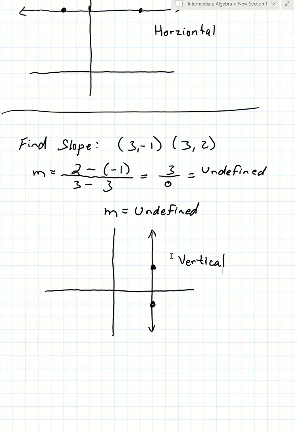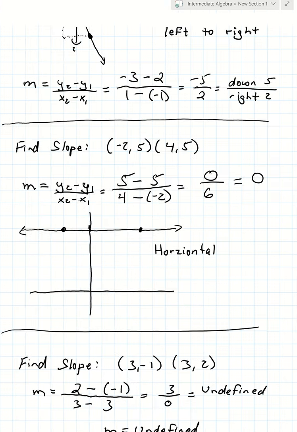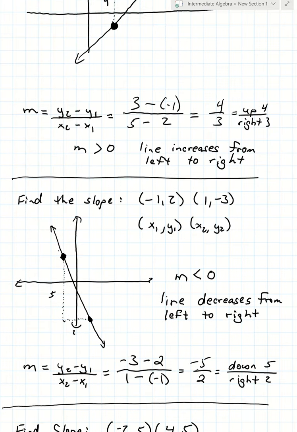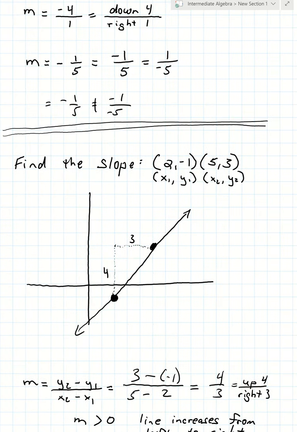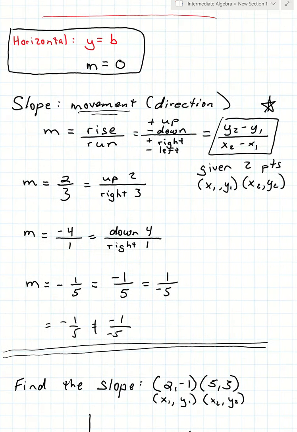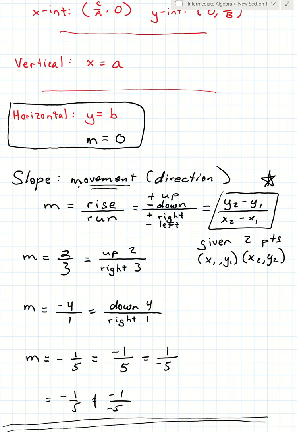And we can see now here that whenever we have a vertical line, all vertical lines will have a slope that is undefined. So once again, let's go back up to the top where we left a space about vertical lines, and let's fill in the information that we now have.